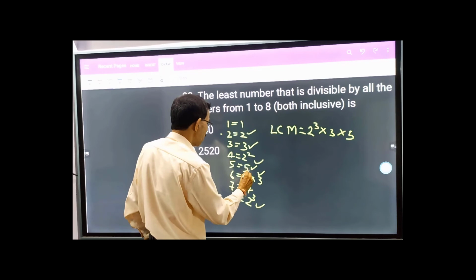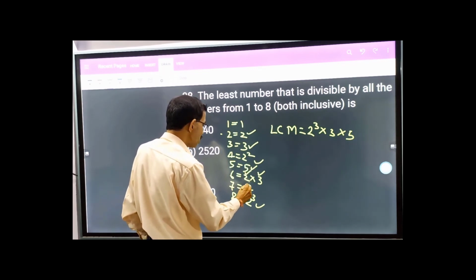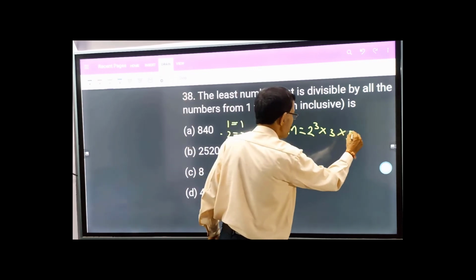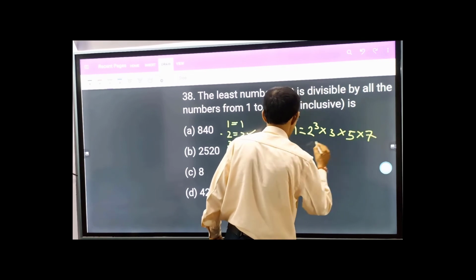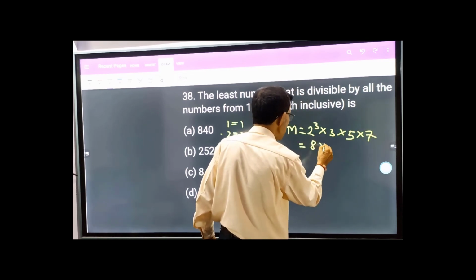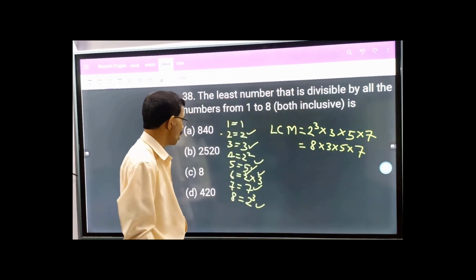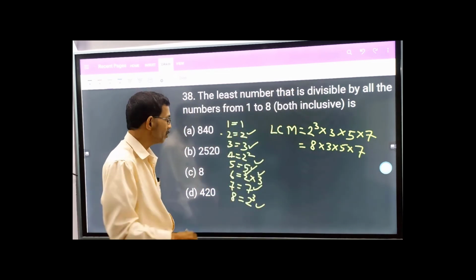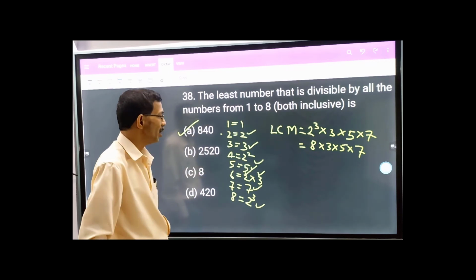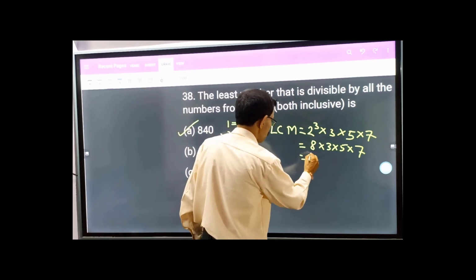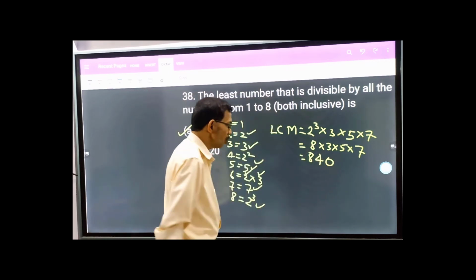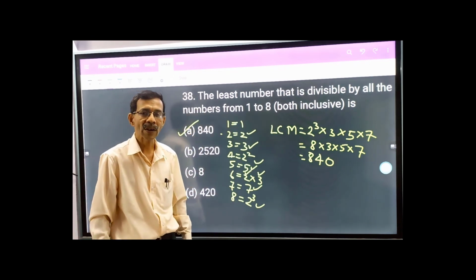So 5 is taken care of, this 2 is taken care of, and what remains is 7. So multiply by 7. So this will be 8 into 3 into 5 into 7. When you multiply all this, it works out to be 840. So option A is the correct option over here.